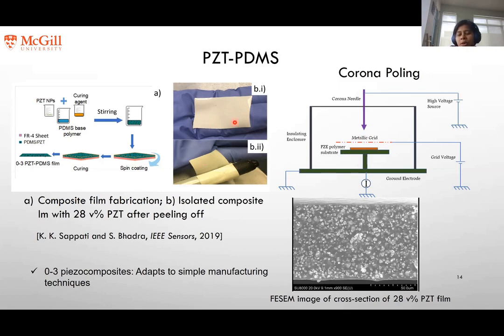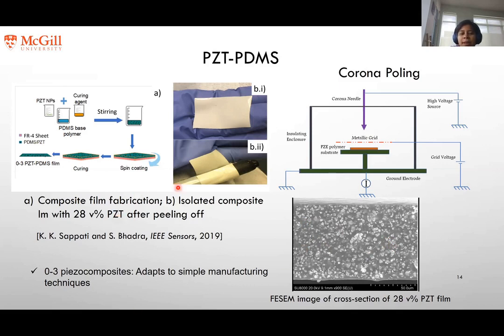So we did the corona poling, and this is an SEM image of the film. It is just to show that the nanoparticles have to be dispersed in the polymer matrix very well to behave like a good piezo composite. So we took the SEM image, and you can see that the particles were pretty nicely dispersed.